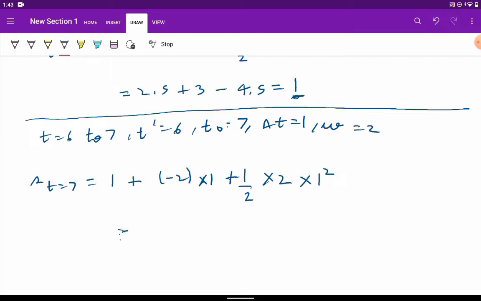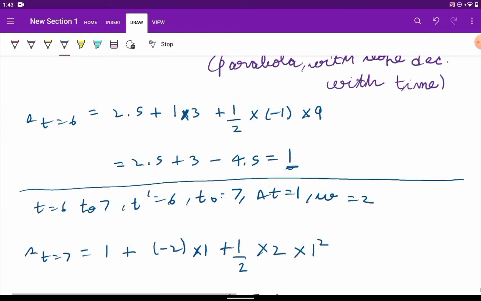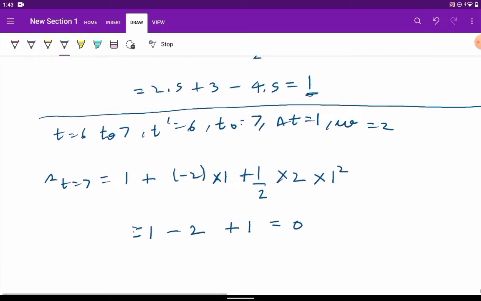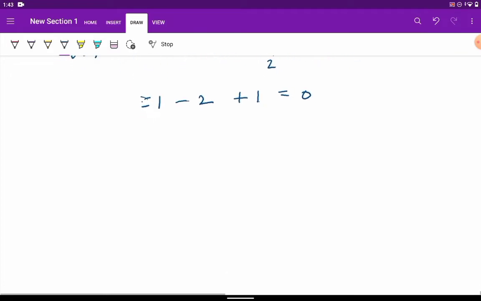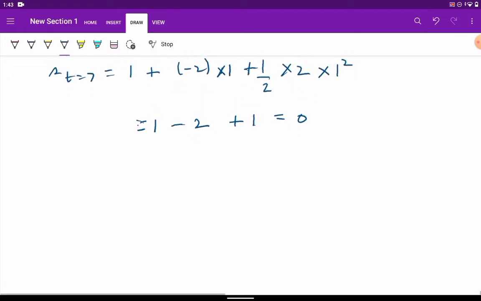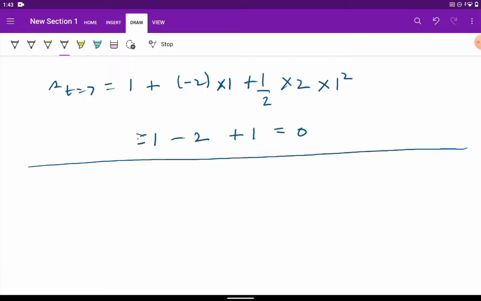So it becomes 1 minus 2, again plus 1, so it is 0. So basically it comes back to the origin. Okay, that's what this means. So now we plot how the curve will look. And of course from t equal to 7 to 8, since the velocity is 0, S at t equal to 8 is equal to S at t equal to 7, which is 0, stays there.